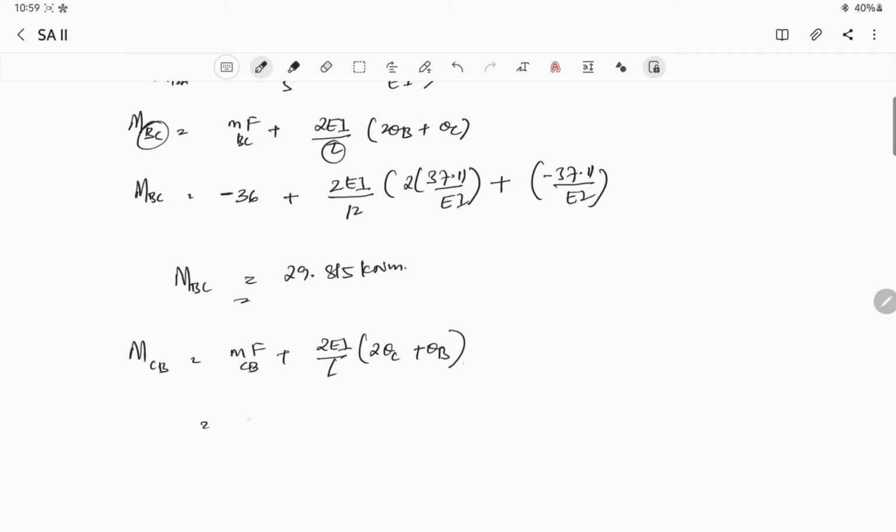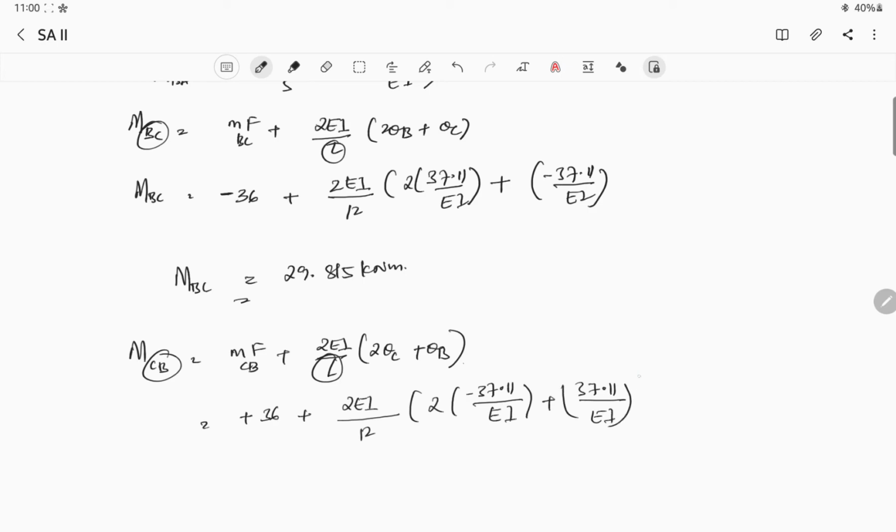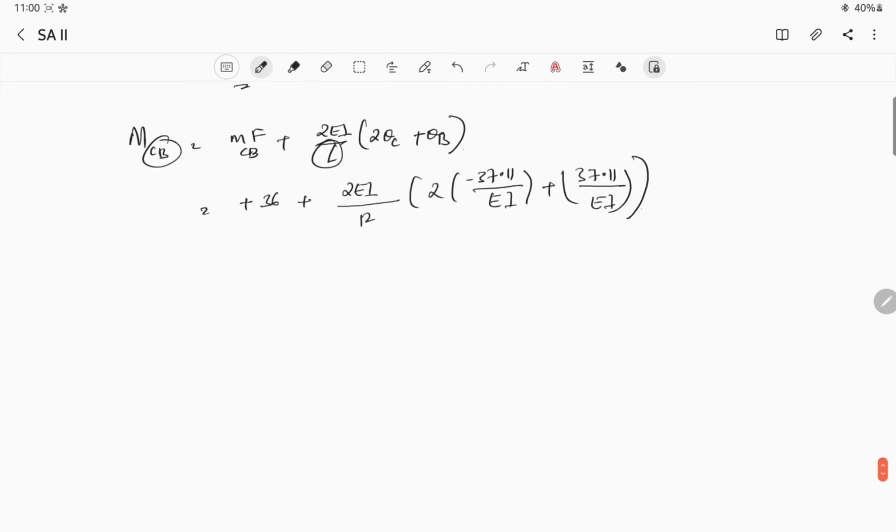What is the value of MFCB? We have plus 36 plus 2EI by L. What L will we take? CB, that is 12 meters, into 2 into minus 37.11 by EI, this is theta C, plus 37.11 by EI, this is theta B. Okay, so if you solve this one, you will get MCB.